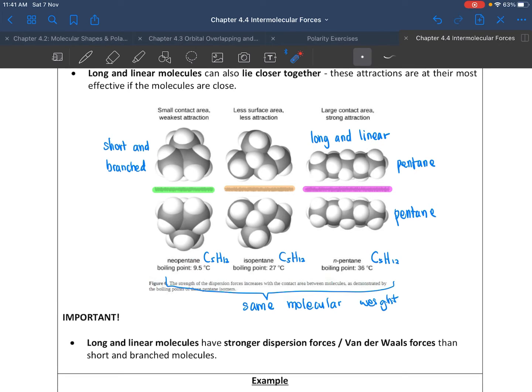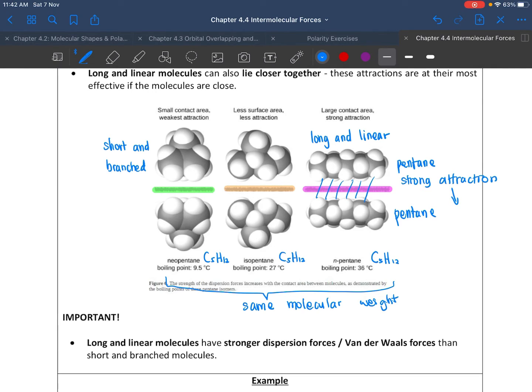Okay, because when the attraction is strong, you have to imagine, let's say, strong attraction. So when there is strong attraction, you want to break the bond between pentane and pentane, because that is boiling.